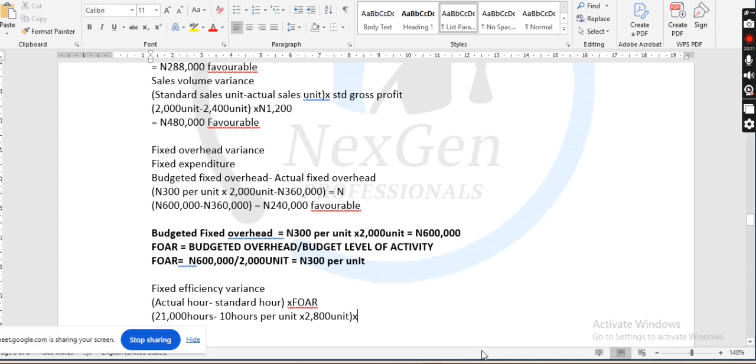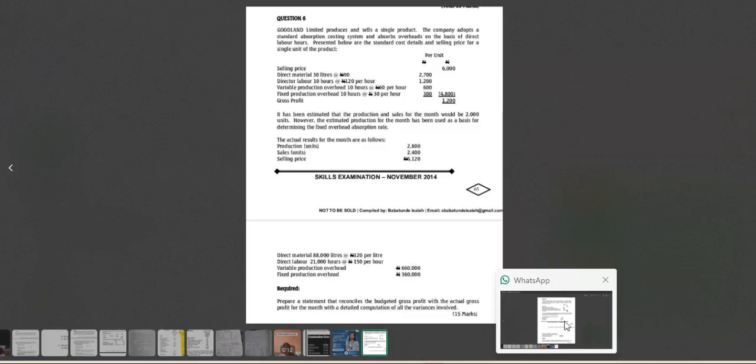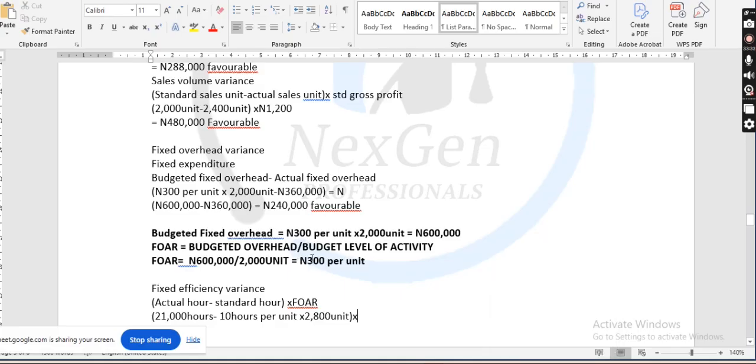That is why I said get your budgeted fixed overhead, divide it by the budgeted level of activity, and based on that get your 300 naira per unit. But if it is based on labor hour, the 30 naira per hour will be your fixed overhead absorption rate.